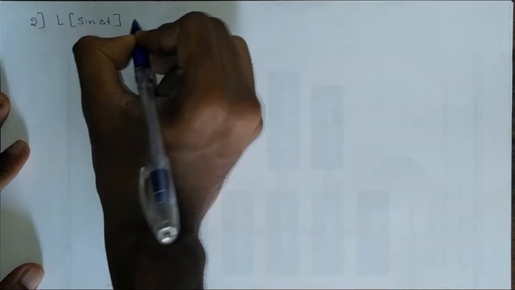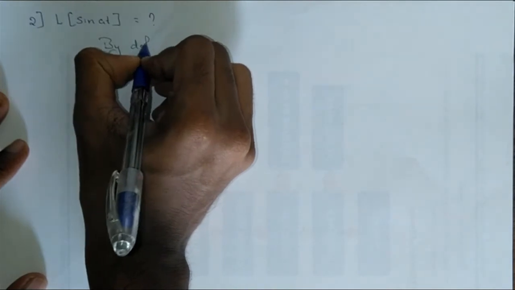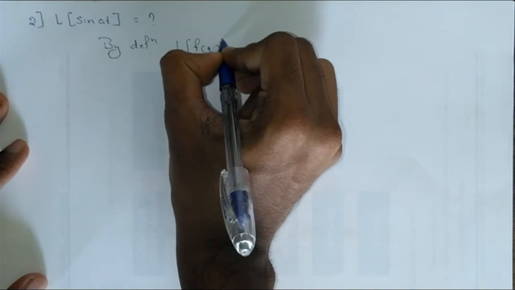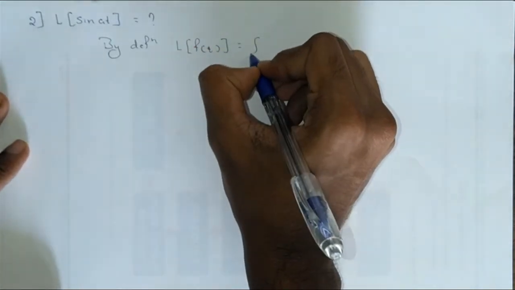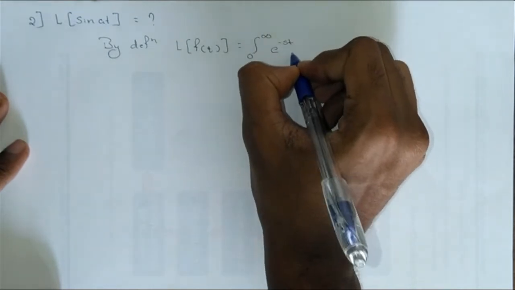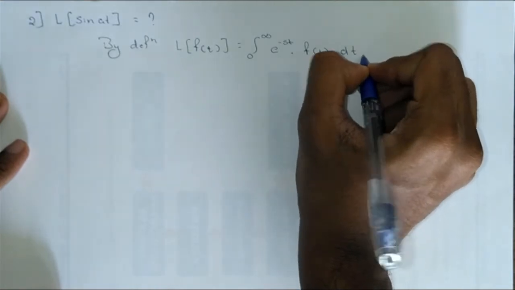Now let's try to solve another one. Second question. Laplace of sin at is what? Similarly, by definition, Laplace of f of t is equal to integration 0 to infinity e raised to minus st dot f of t dot dt.